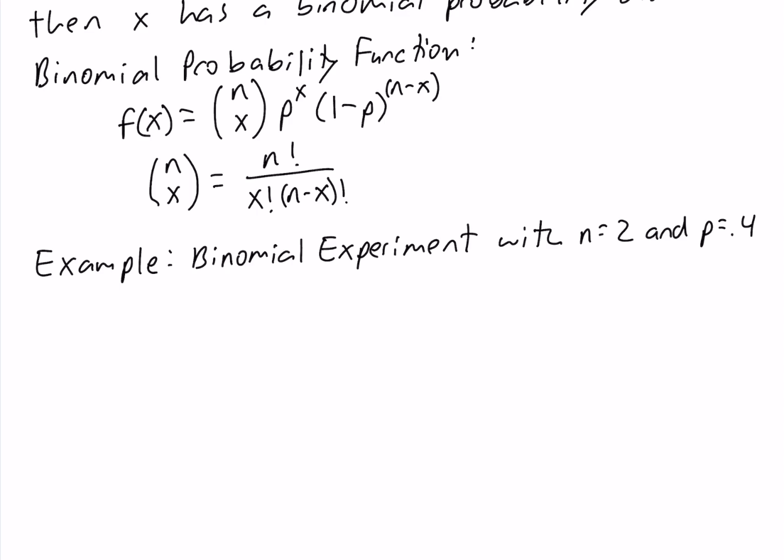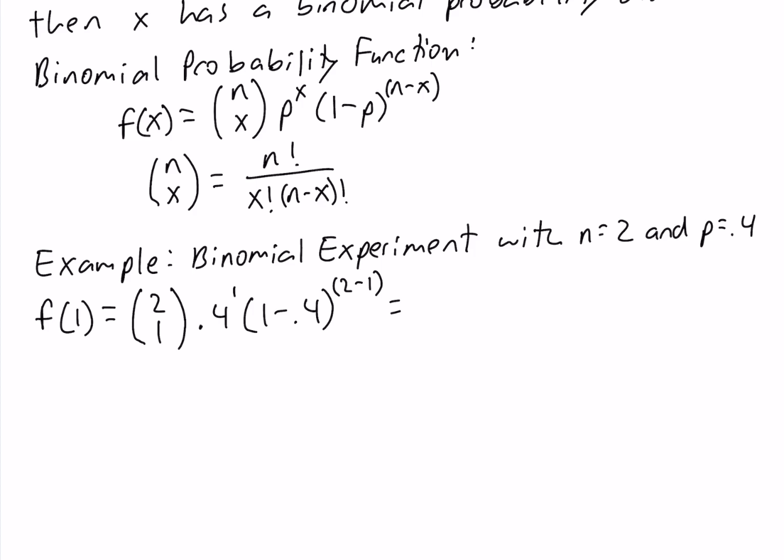Suppose we want to calculate the probability of having one success. So this would be f of 1, which would equal 2 choose 1, since n is equal to 2 and x is equal to 1, times 0.4 to the power 1 times 1 minus 0.4 to the power 2 minus 1.